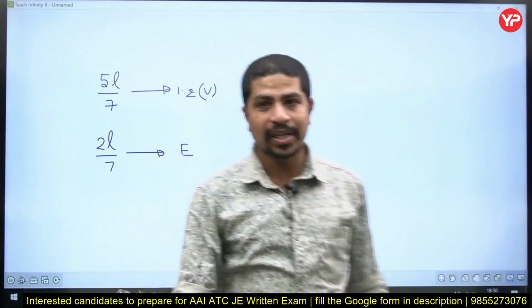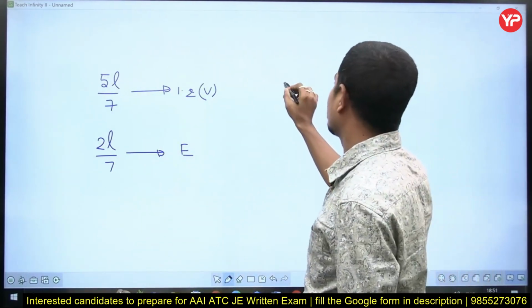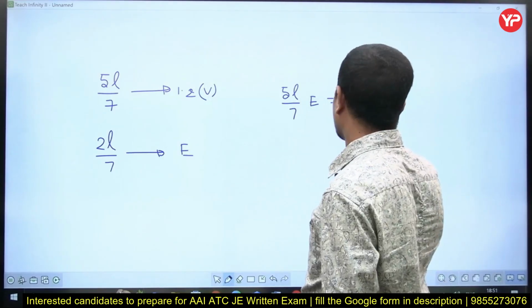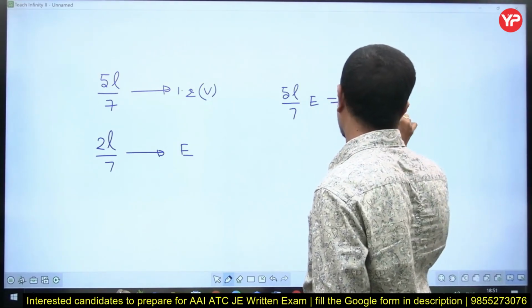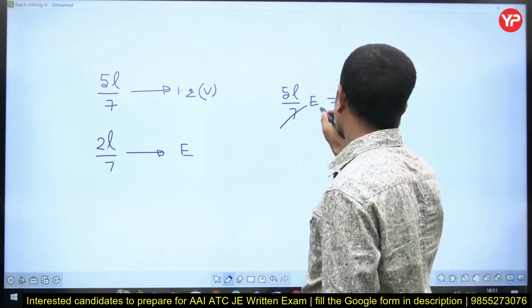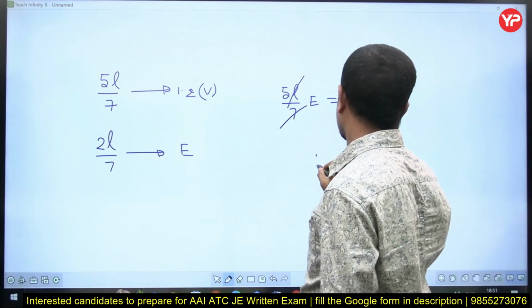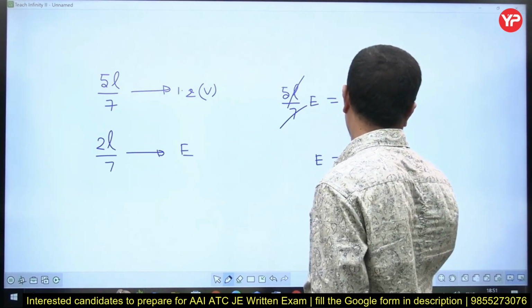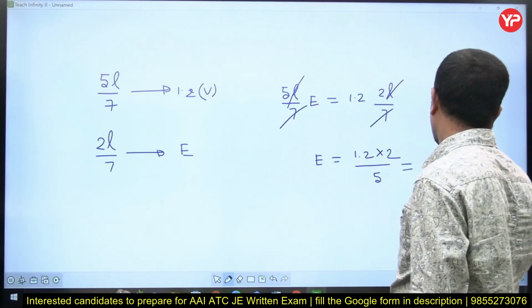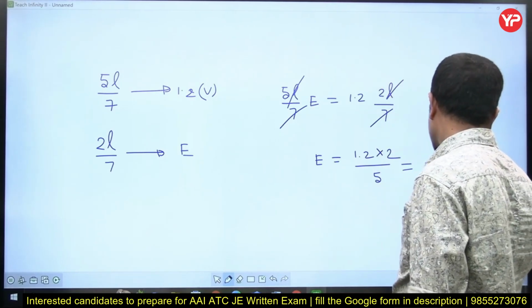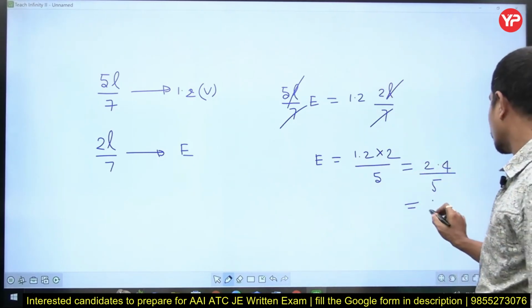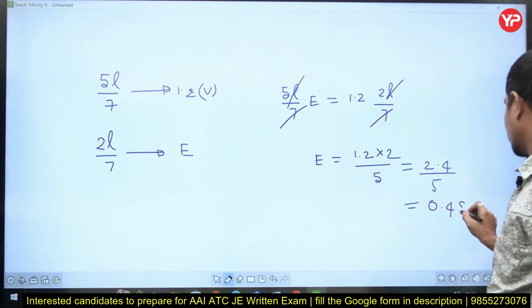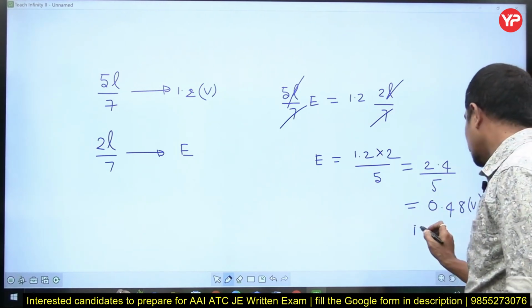Let's calculate it, cross multiply. 5L/7 into E is equal to 1.2 into 2L/7. 7 gone, L gone. So E is equal to 1.2 into 2 divided by 5. How much is it? 2.4 divided by 5, it is 0.48 volts. E is how much?